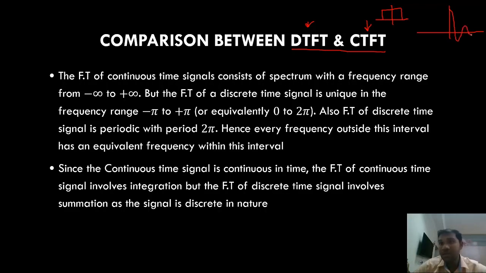It is a sampling function and it continues from minus infinite to plus infinite, right? So for a rectangular function, the continuous time Fourier transform is a sampling function. So if you look at this function, for a continuous time signal, the spectrum has a frequency range of from minus infinite to plus infinite, right?